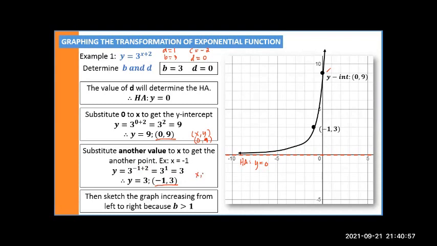Kasi, di ba, ang coordinate is x, y. Ang x natin is negative 1. Ang y niya is 3. So, ito yung isa pang point natin, negative 1, 3. Ito yung negative 1. Ito yung positive 3 ng y. Okay?